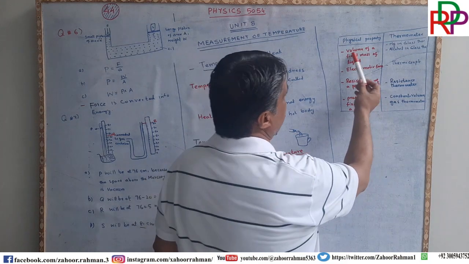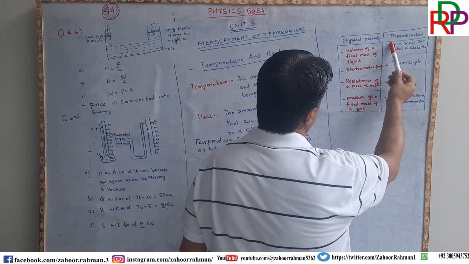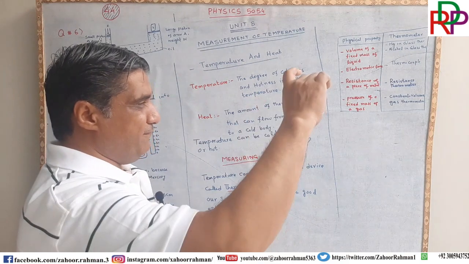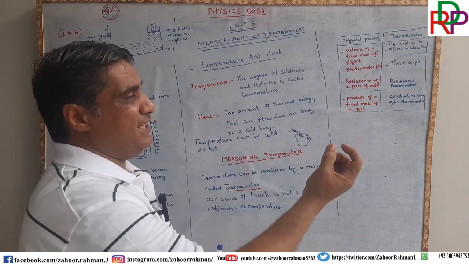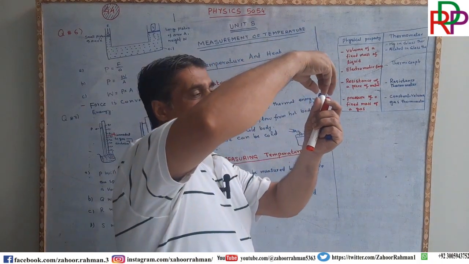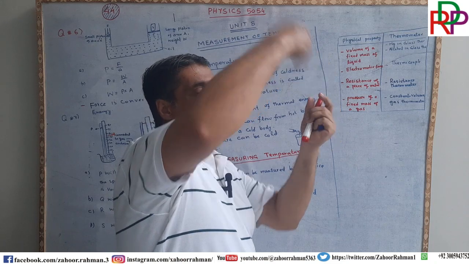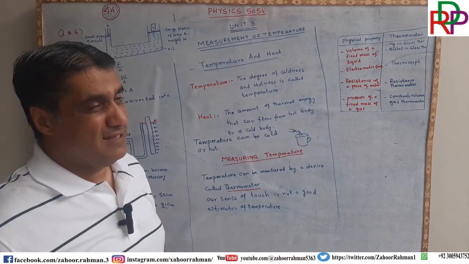So, volume of a fixed mass of liquid: there are two types of thermometer we can create. There will be a fixed mass, and when temperature or heat is applied, it will expand. It doesn't mean that the mass of the mercury is increased.